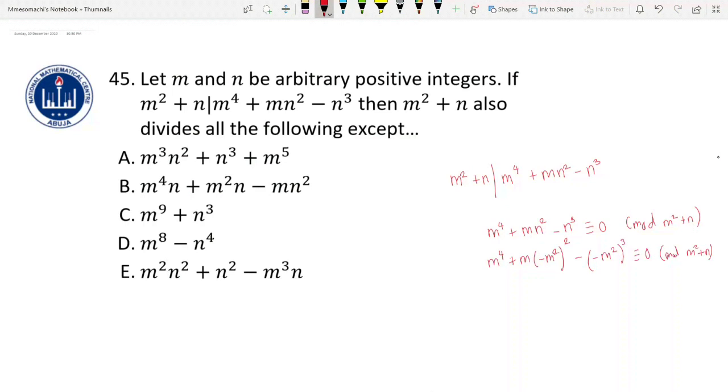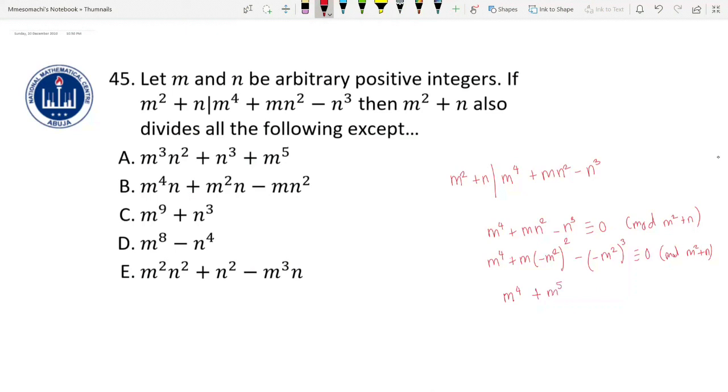So this is equivalent to m to the fourth power. Because this is squared, this will become positive, so this is m times m squared, so that's m to the fifth power.